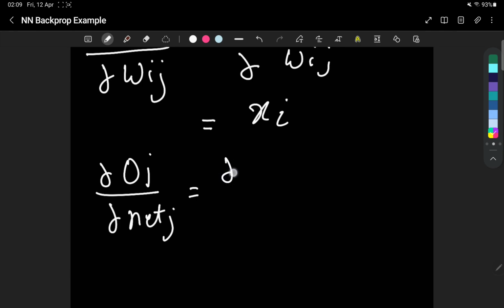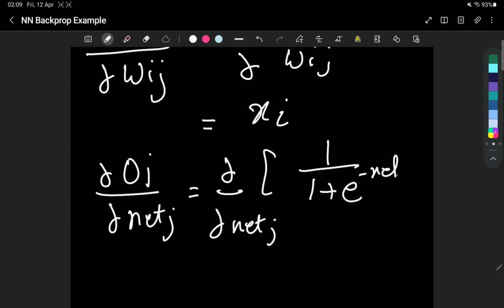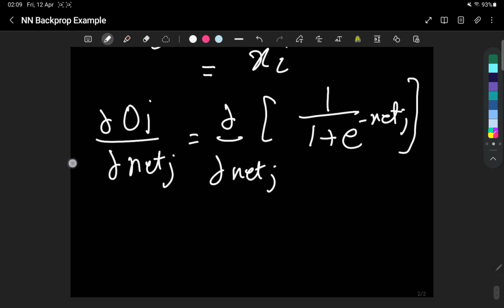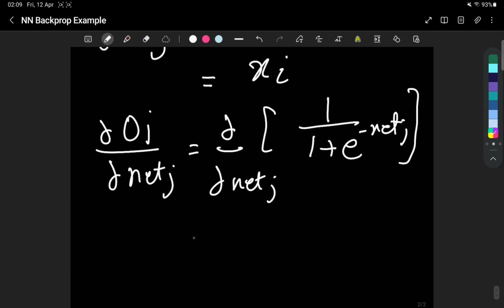So this would be the partial derivative of 1 over 1 plus e to the power minus net_j with respect to net_j. If you calculate this partial derivative, it comes out to be o_j into 1 minus o_j. So this is the partial derivative that actually comes out. You can calculate this yourself, and this is the final answer that you will get.